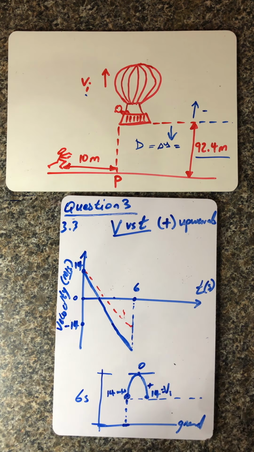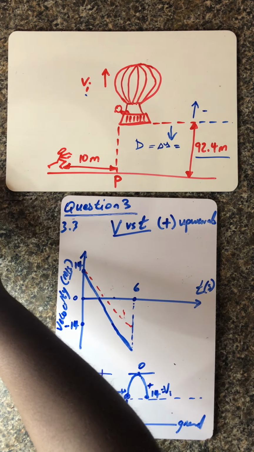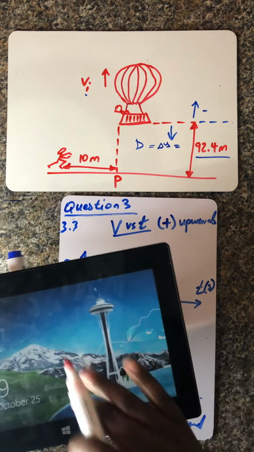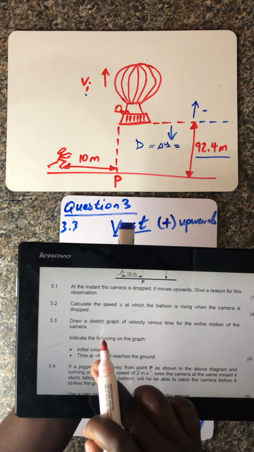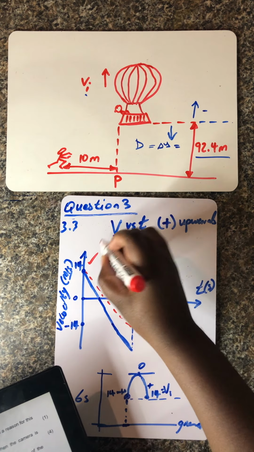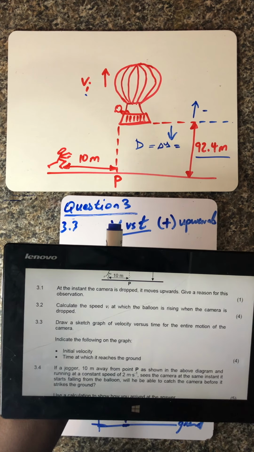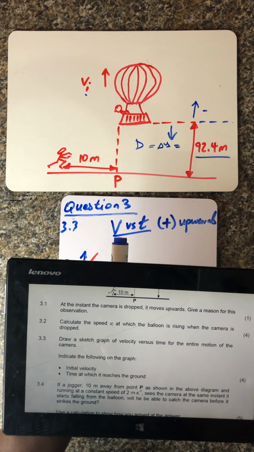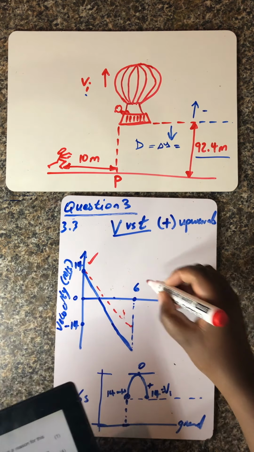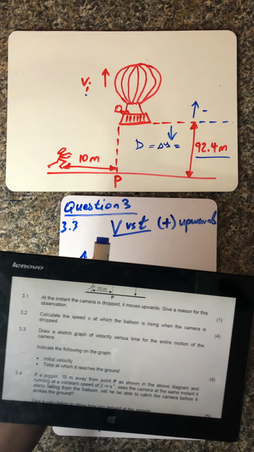So guys, you'll be given a mark for showing, obviously, what they wanted you to show, which is the initial velocity. We give you a mark. The other thing is the time, we give you a mark.